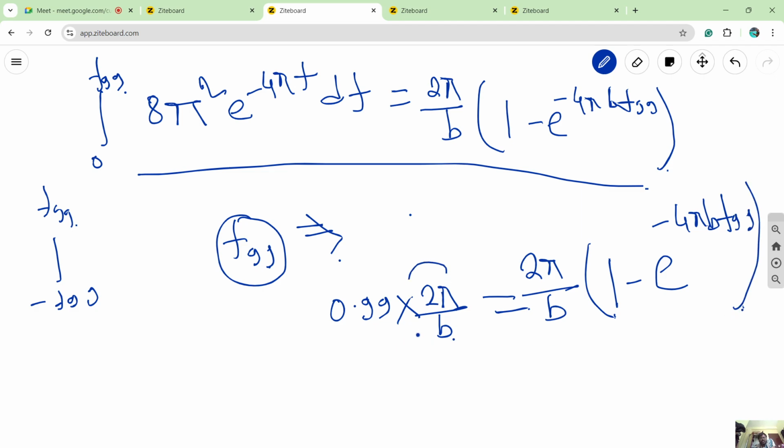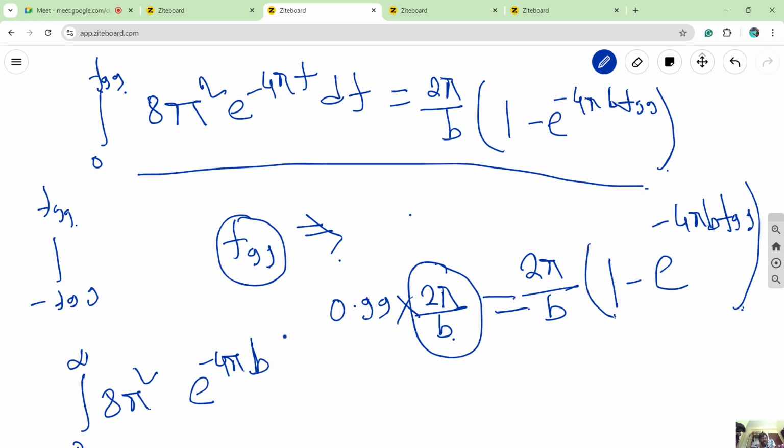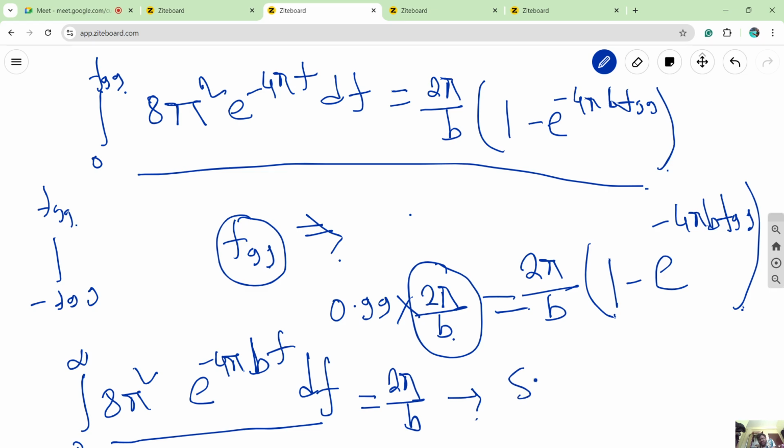So why this 2 pi by b? Because if we want to calculate the energy of the signal, it is the integral from 0 to infinity of 8 pi square e to the power minus 4 pi b f, and we do the integration over df, we get the value 2 pi by b. So this is the signal energy.